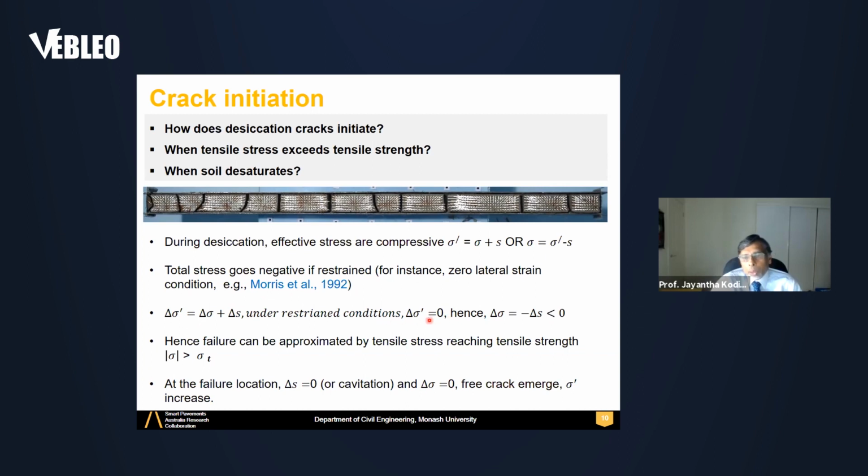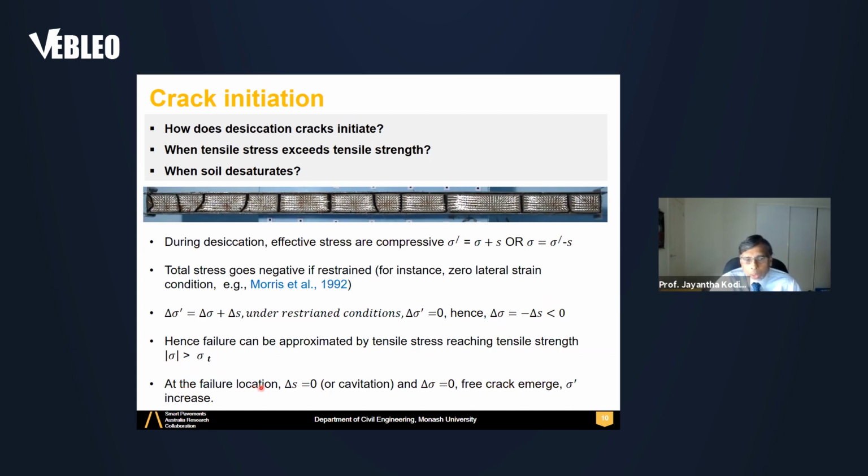If it is zero, then delta sigma, or the total stress change, is minus delta S, and delta S is the suction increase. It's a positive quantity, therefore negative. That means delta sigma is tensile. So with further drying, suction increases, therefore tensile stress increases, and approximately it reaches the tensile strength at some point, and that can be considered as failure in a macroscopic explanation.